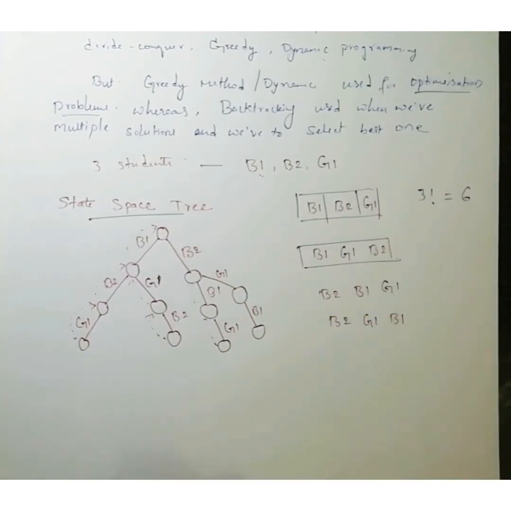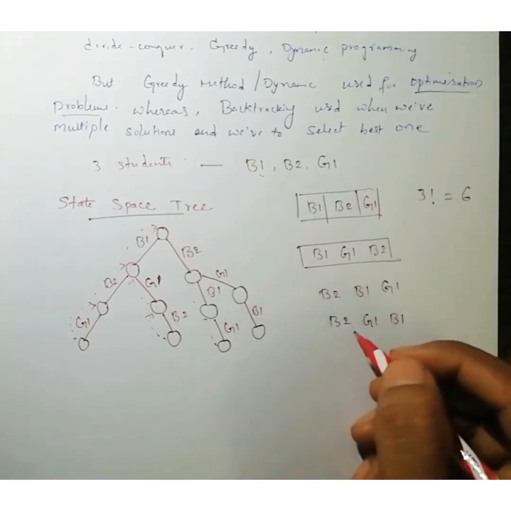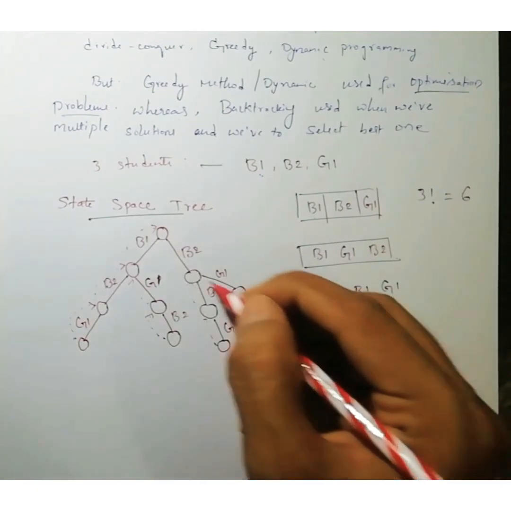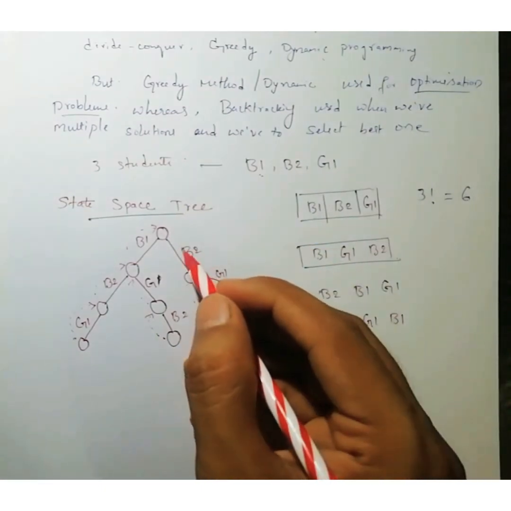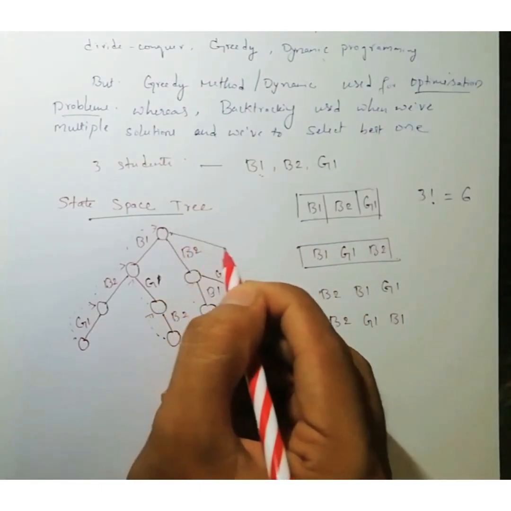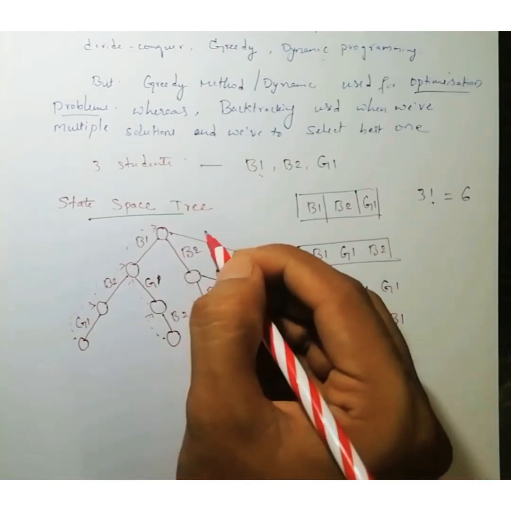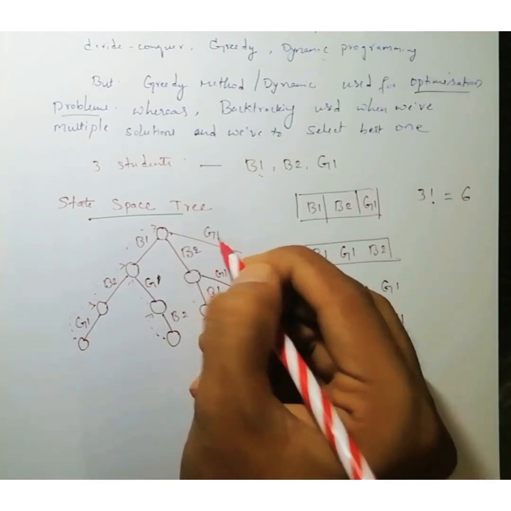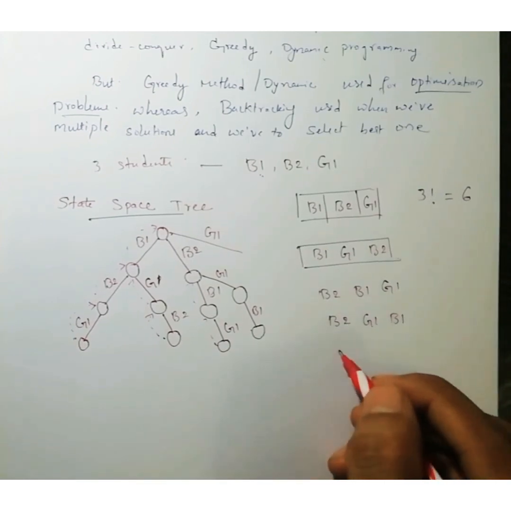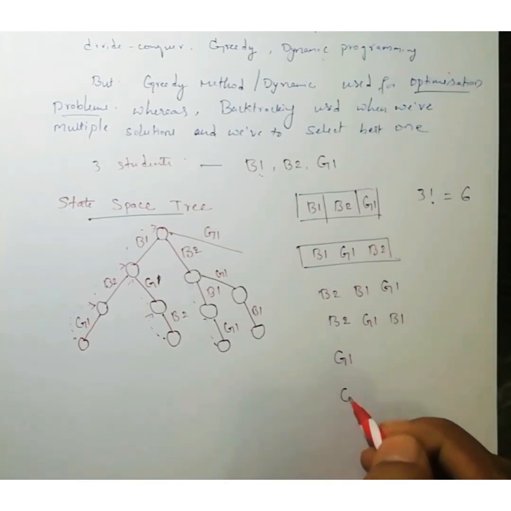That's it. Next, go back. B2 is over, so for the next possibility, I am writing all possible ways. Next, in the first bench the girl can sit. Girl 1 can sit in the first bench.